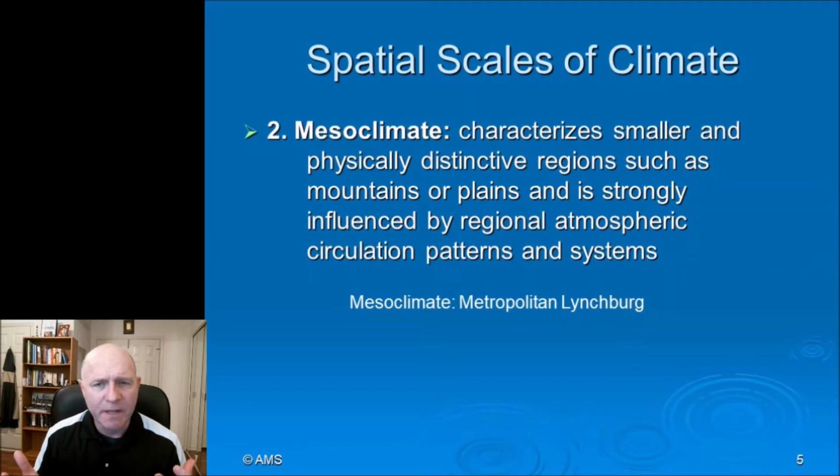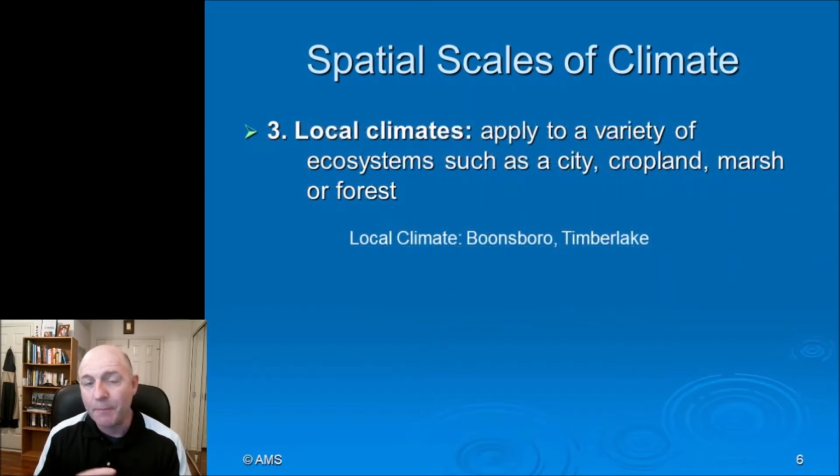Mesoscale climate is characterized by smaller, more physically distinct regions like metropolitan Lynchburg, the size of a larger metropolitan area, for example. That's a good idea of a mesoclimate. But then local climates take that one step further down. Let's say a neighborhood, a city, a field, a marsh, a forest.